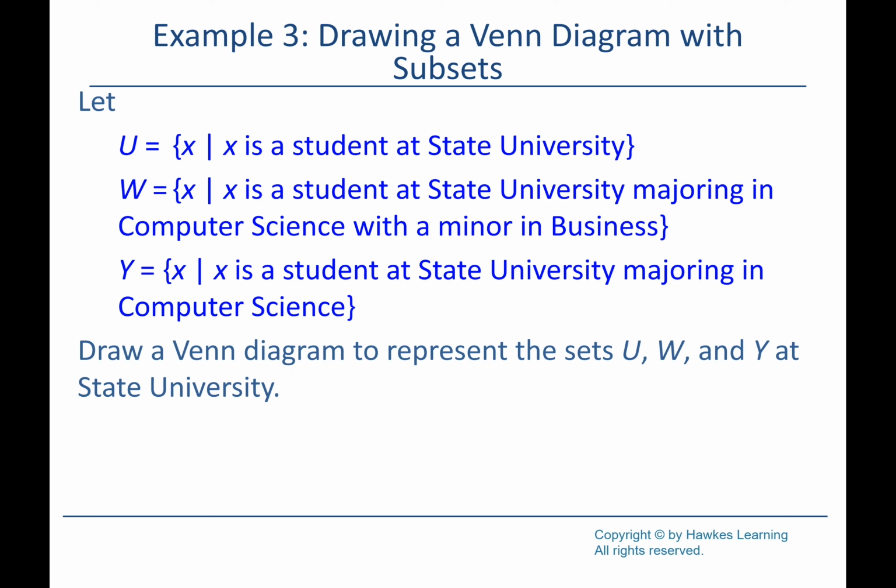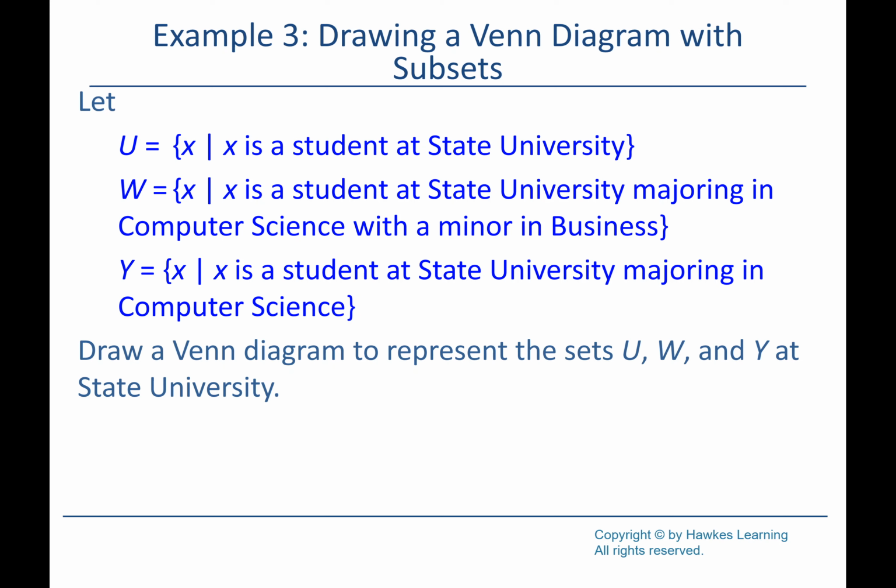Yeah, so you stop and think about it here. Okay, so if you think about it the other way around, Y is the set of all the computer science majors. And then W is a little more specific, right? It's computer science majors that have a minor in business. Okay? So you could be a computer science major and have some other minor. Right? So there's more people in Y than in W. But for sure, everybody in W is also in Y. Okay?